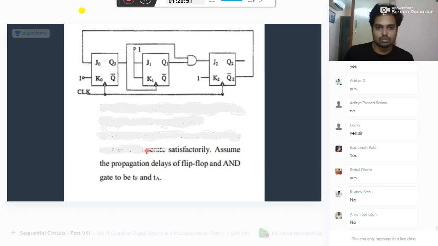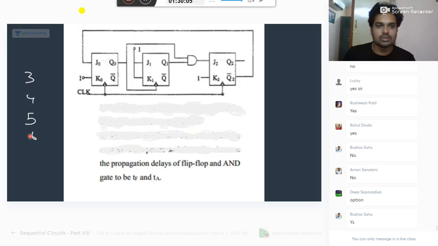Are you ready? Shall I start the poll? Actually, it is a conventional question. It will take little more time, but this model is important. Mod 3, 4, 5, 6.